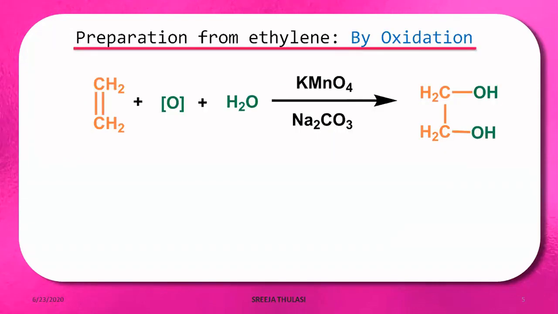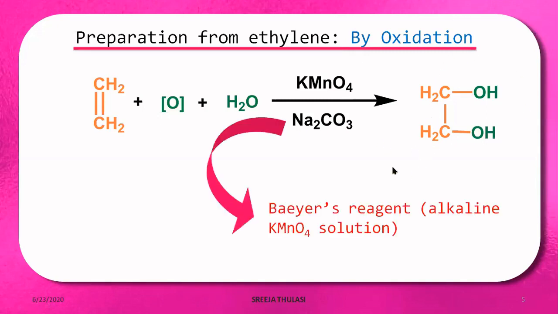First, preparation of ethylene glycol. We are only studying one method, that is preparation from ethylene by oxidation. Oxidation of ethylene or ethene using dilute alkaline potassium permanganate solution yields ethylene glycol.